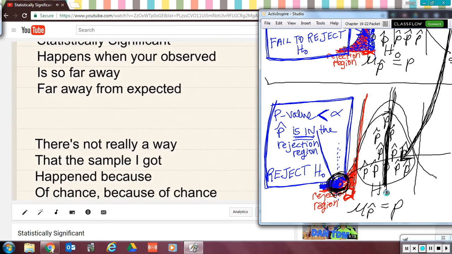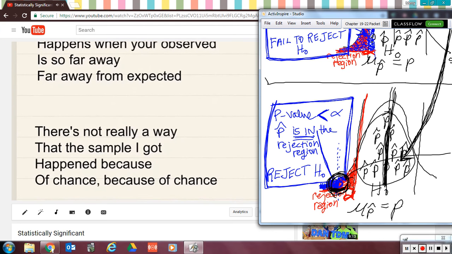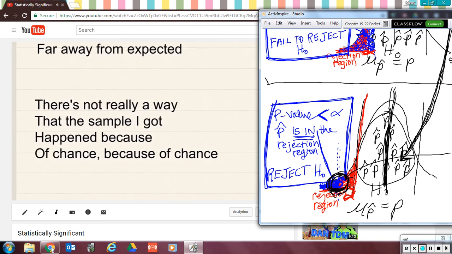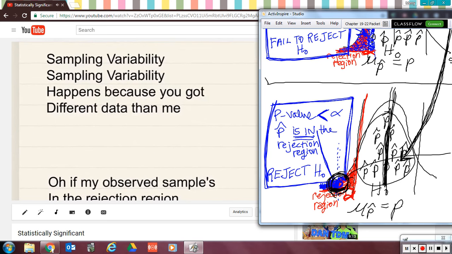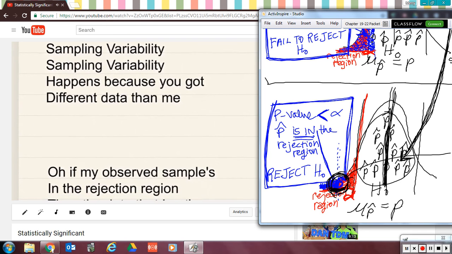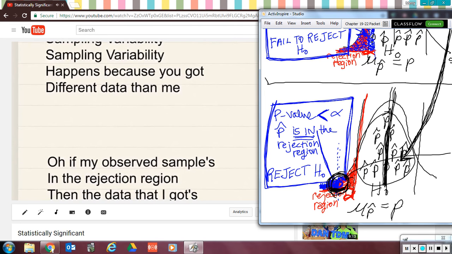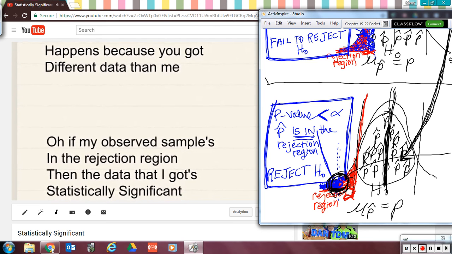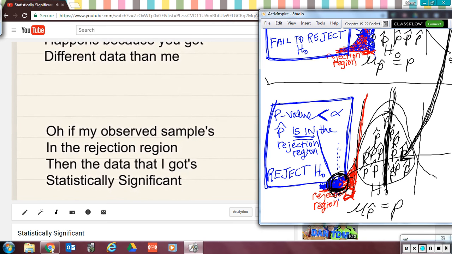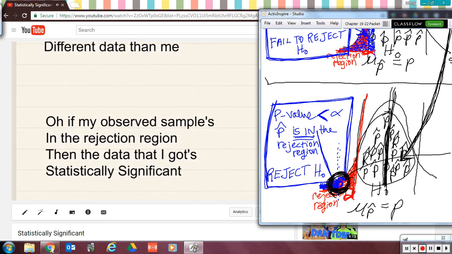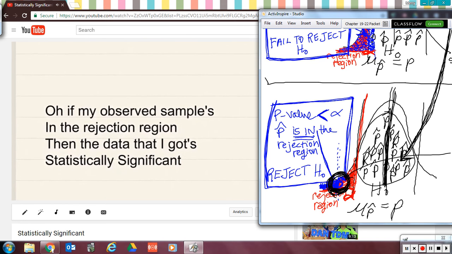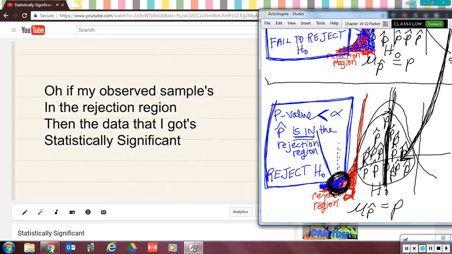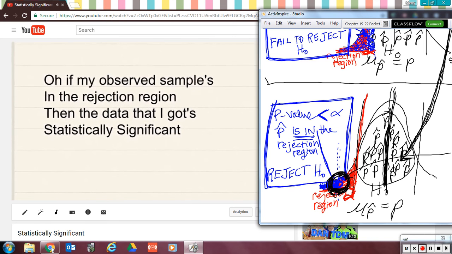There's not really a way that the sample I got happened because of chance. Statistically significant.